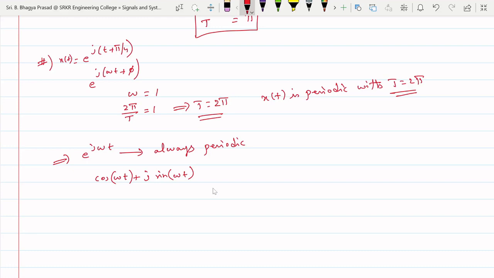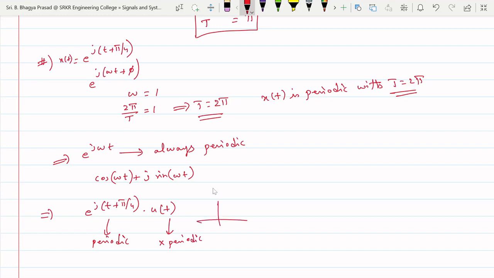Okay, take another example, e power j (t plus pi by 4) again, but multiplied with u of t. You know that e power j (t plus pi by 4) is periodic, but this is not periodic. Why?